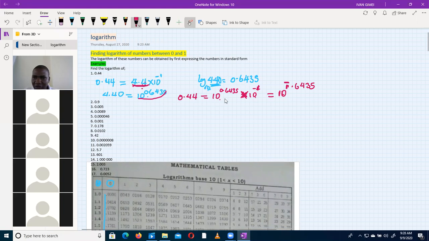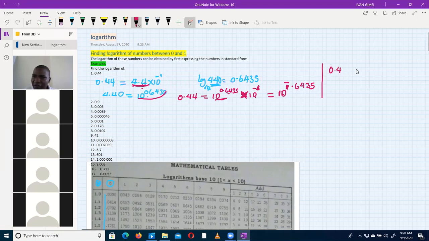Then here I'm applying the laws of indices where I'm supposed to be adding the powers, but since this one's negative and this one's positive, I'm not combining them. I simply write it as 1 bar, and then this one also comes after with its points. So 1 bar 0.6435.